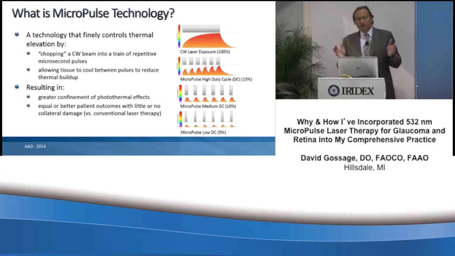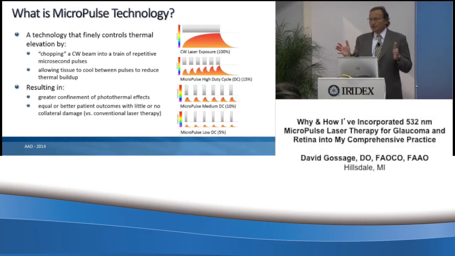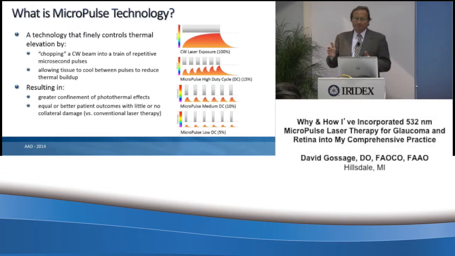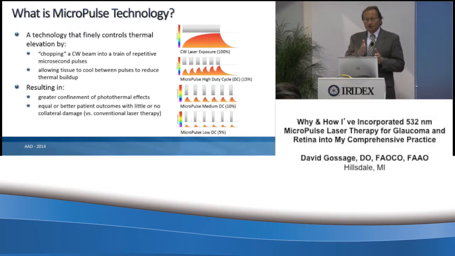So let's talk a little bit about what MicroPulse technology is. If you think of a continuous wave laser, as the laser energy is applied to the tissue, heat is generated, and the longer the duration of time or the higher the milliwatts that we use, the greater heat is going to be generated and ultimately create a thermal burn. So now if we can take that laser energy and section it up, what we're doing is cutting it into multiple trains of energy, and you can set those trains wherever you want.